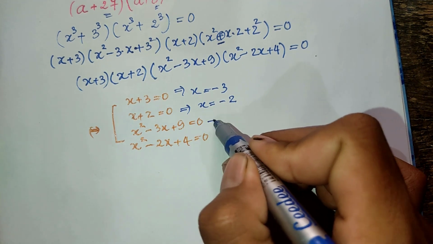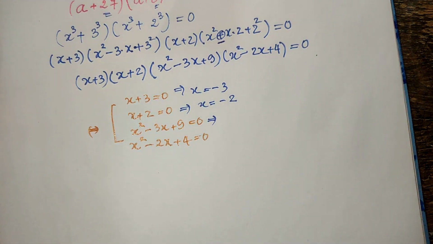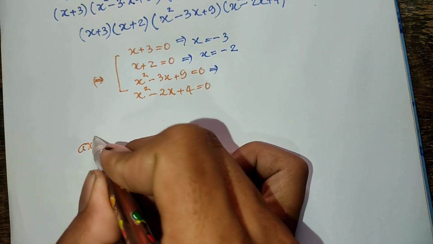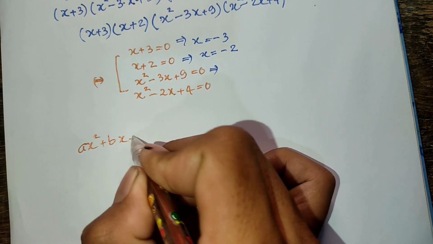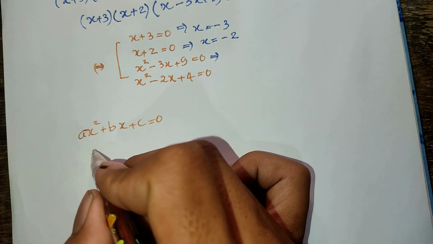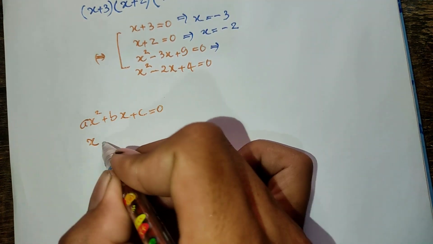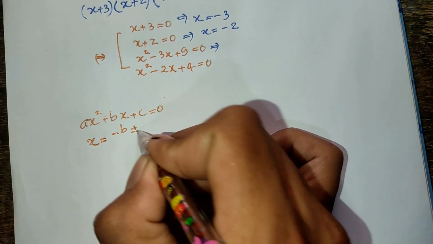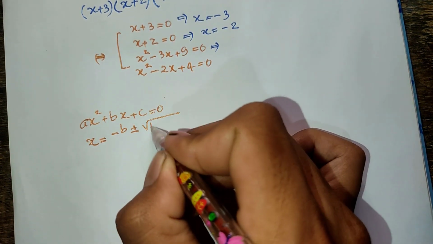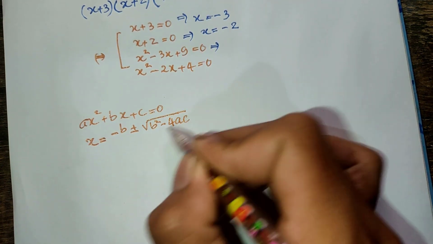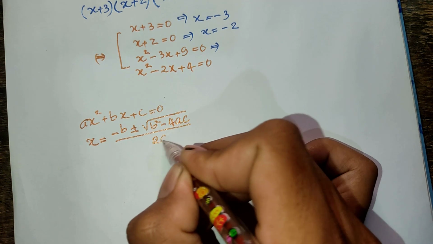For the quadratic equation ah squared plus bh plus c equals 0, the solutions are h equals minus b plus or minus the square root of b squared minus 4ac, divided by 2a.